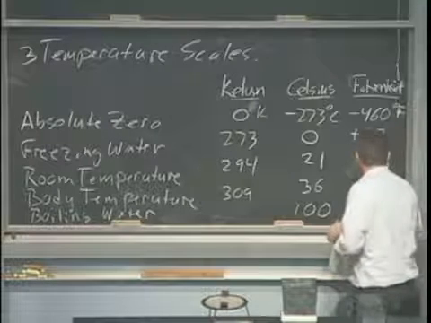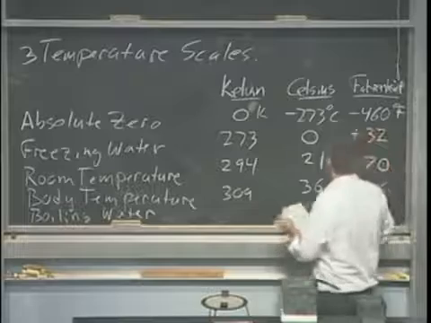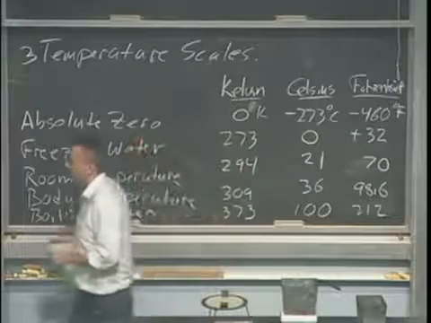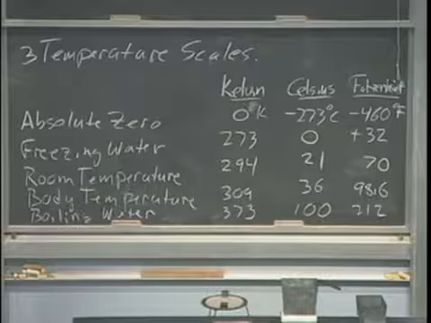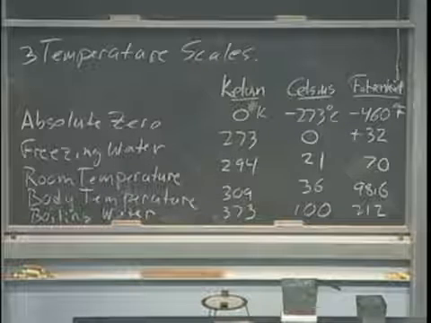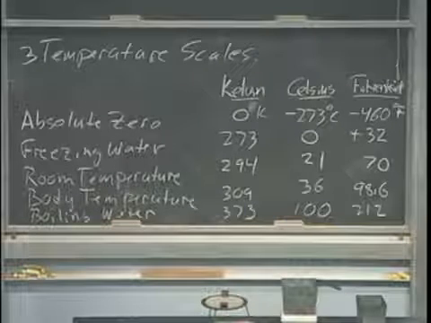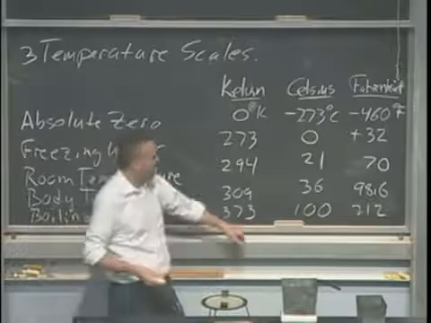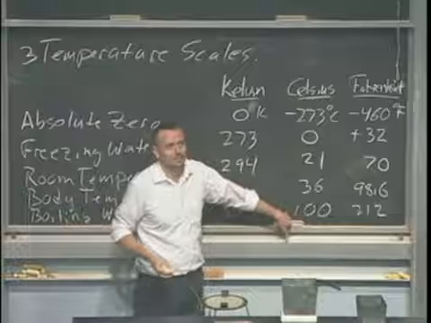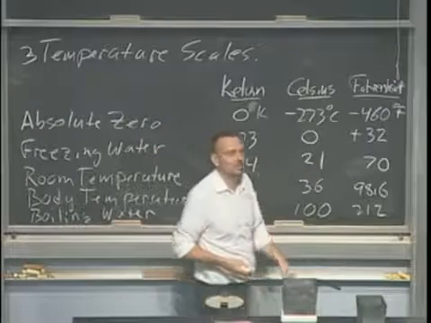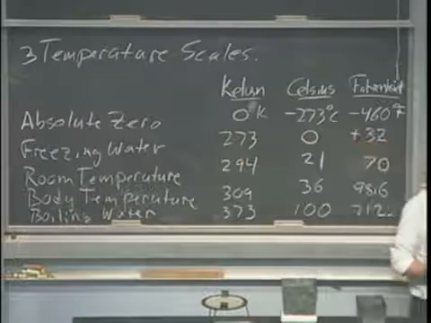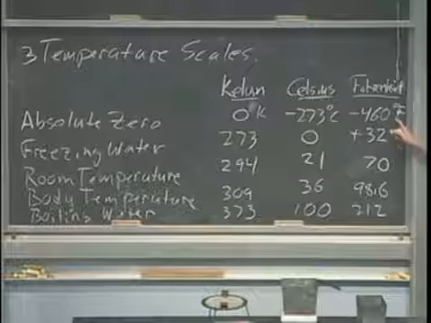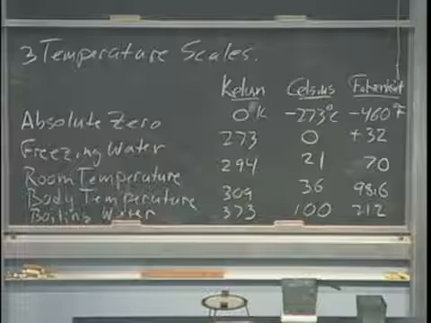That is 212 in Fahrenheit and 373 in Kelvin. I don't want you guys to necessarily memorize all these or be able to switch between them, but it's good to have a good sense for what some of these numbers are outside of just our basic numbers for Fahrenheit.